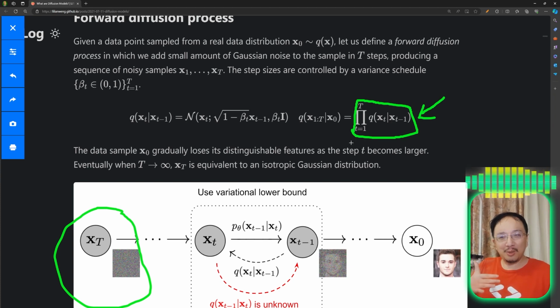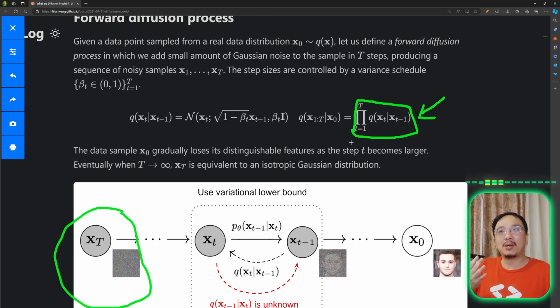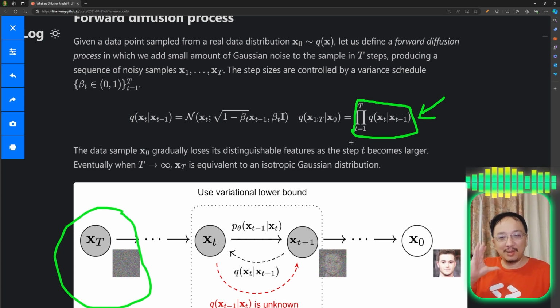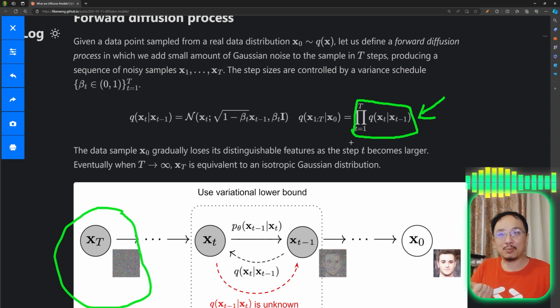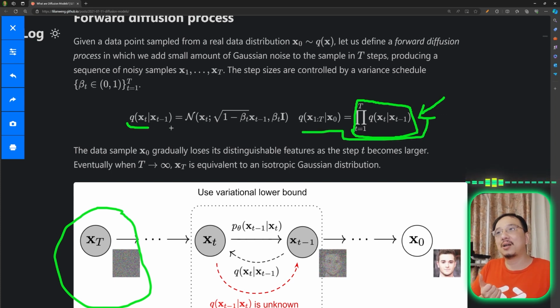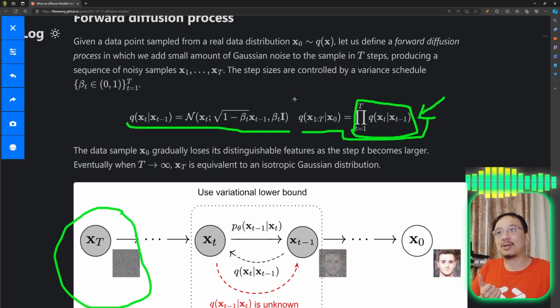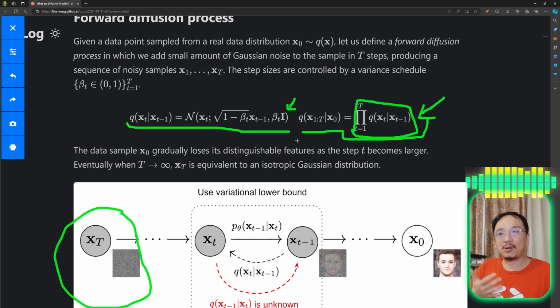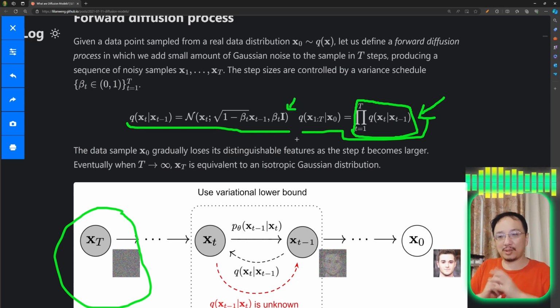But because we know that there are many possibilities of defining a procedure to add noise, we have to specify that this noise adding schema is nothing but the simplest one. So we have to write this down, and this down, to tell you that we are adding noise to the image in exactly the simplest way.